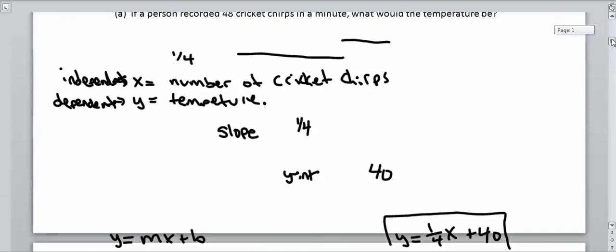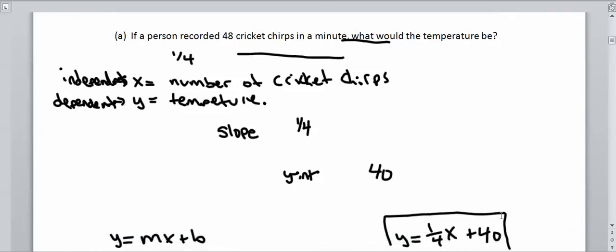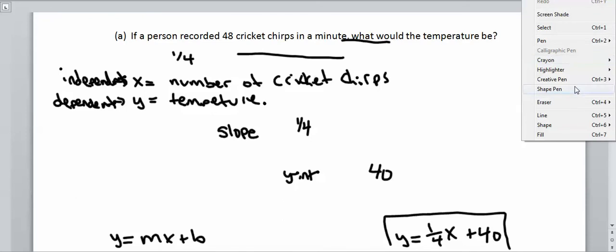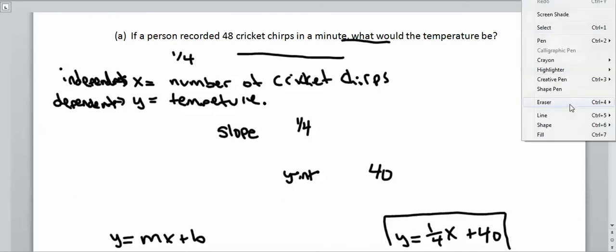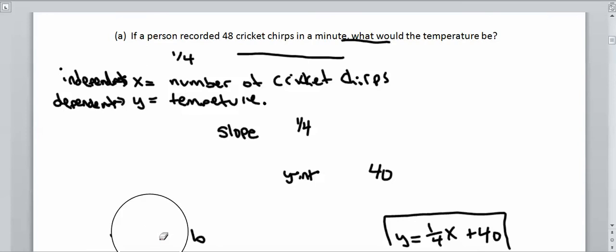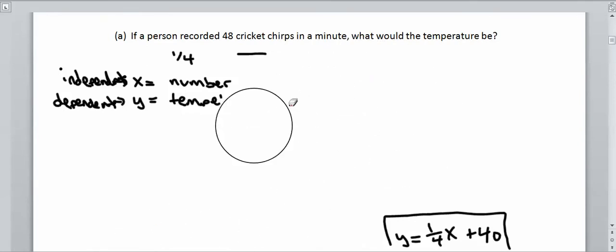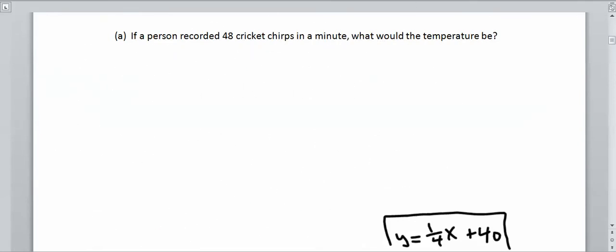So, the question that I want to answer using this equation, y equals 1/4 x plus 40, is if a person recorded 48 cricket chirps in a minute, what would the temperature be? Well, the number of cricket chirps, remember, was x. So this is telling me that x is equal to 48. So I'm going to use this equation to estimate what my temperature is.